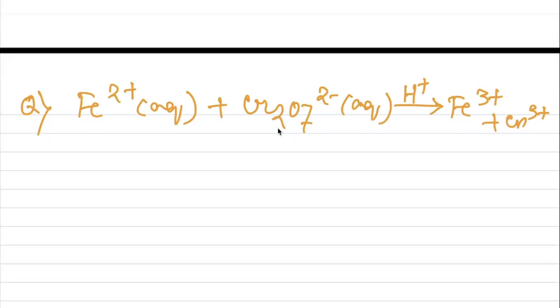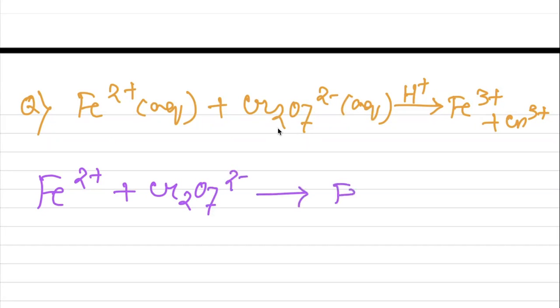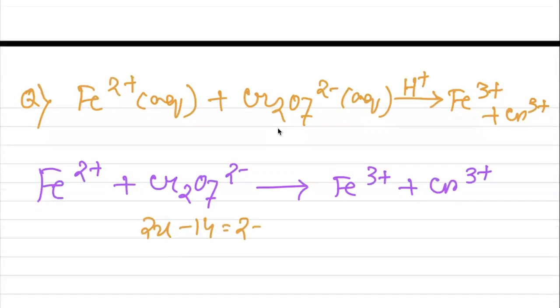Now we have to find out the oxidation state and reduction state. So first I'm writing the reaction: Fe2 plus, Cr2O7 2 minus, Fe3 plus, Cr3 plus. Now I have to calculate the oxidation state of chromium. 2 chromium atoms: 2x minus 14 equals 2 minus, because the total charge is 2 negative.